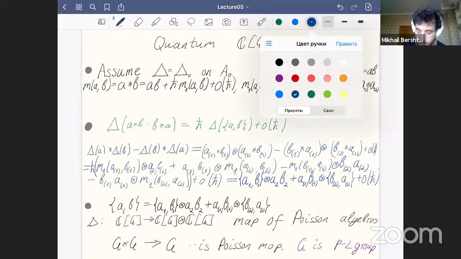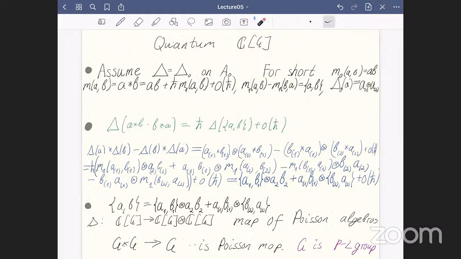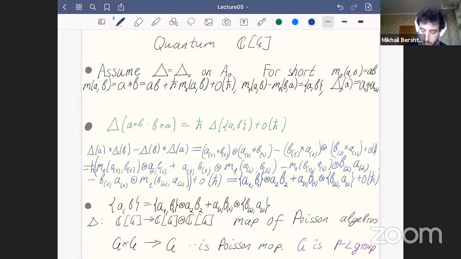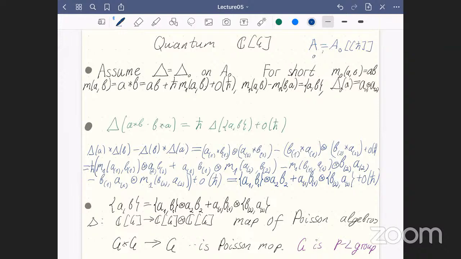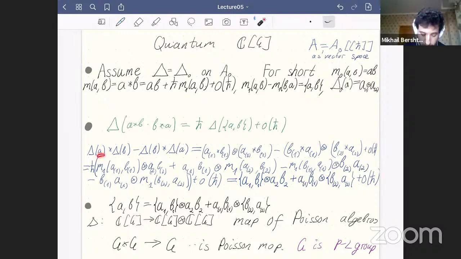Blue okay, A is deformed. It also contains H series. I mean, we have A is A0 power series in H. So we have A0 embedded into A. And we take elements of A0. This is a vector space. So the blue computation is computation on the elements from A0, right? So these elements A small and B small are from A0 embedded into A capital. And all these elements A1, B1 are all from A0.